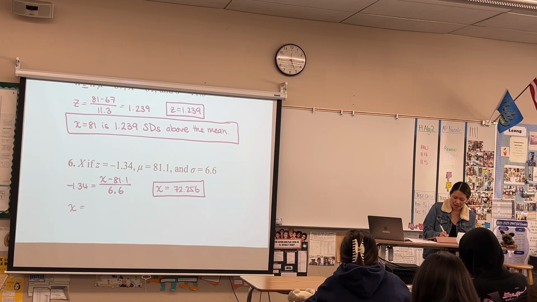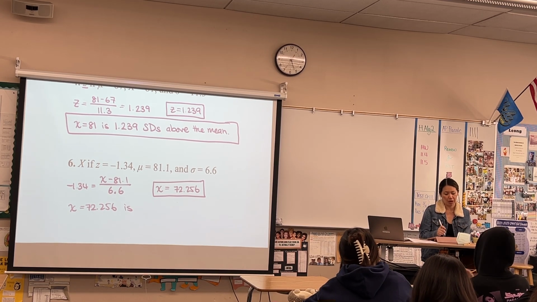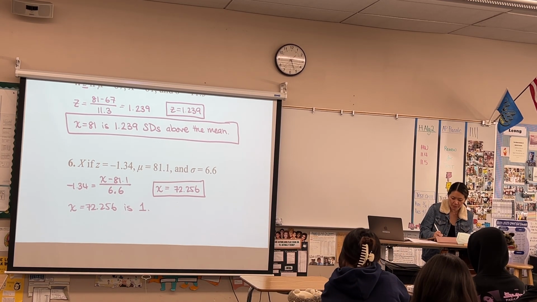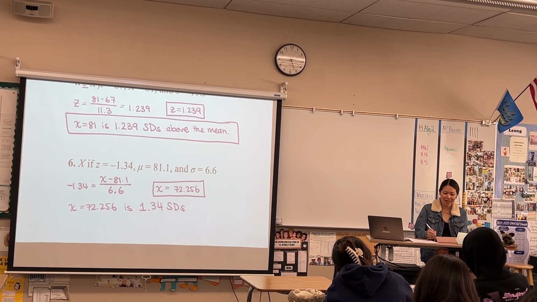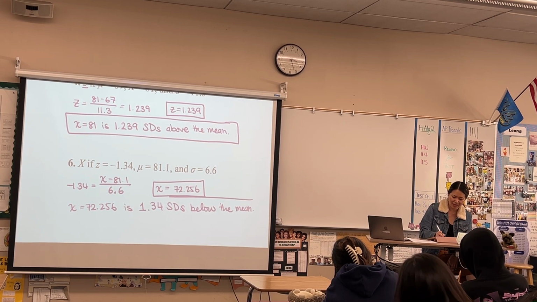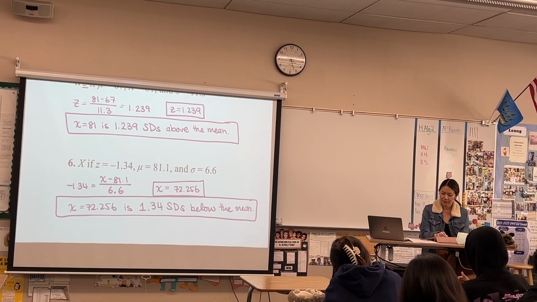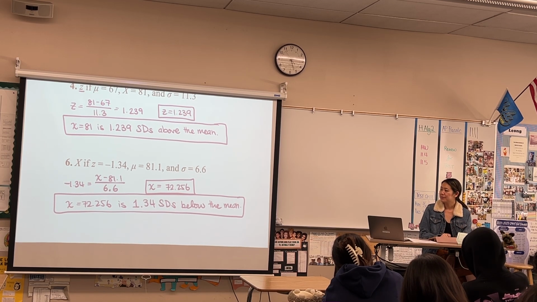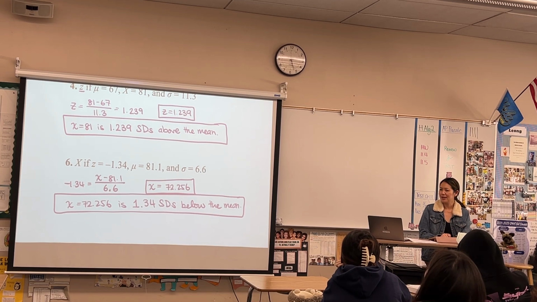Notice here, I'm not going to put negative 1.34. I'm still going to say it is 1.34 standard deviations, but below the mean, since z was negative. Questions on that?